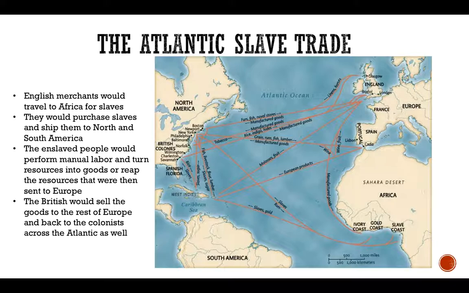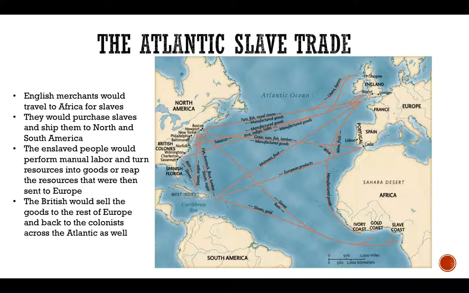And in Europe, they often refined the wood and the cotton eventually and the sugar, and they would create products out of them. They would then send these manufactured goods back to the colonies to sell them.